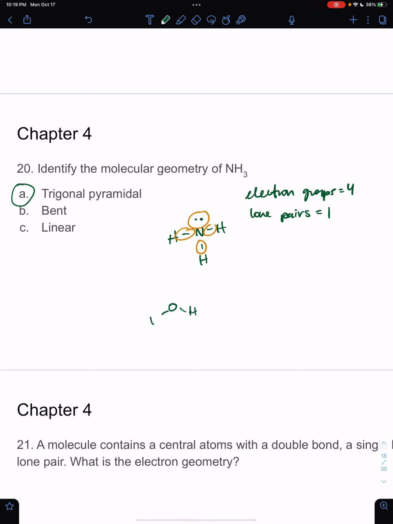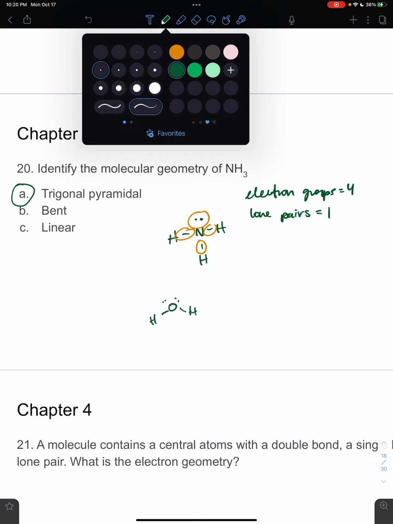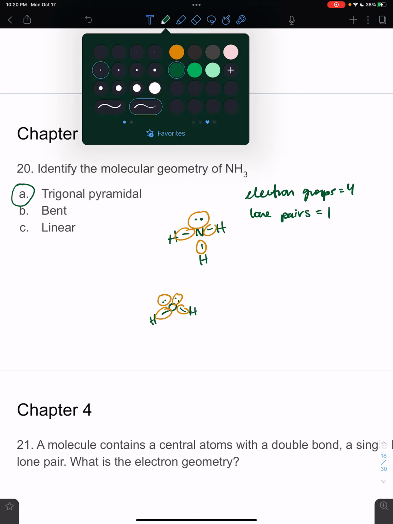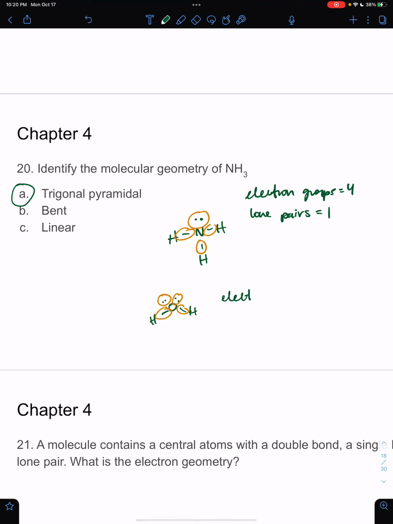If we had a different example, looks like this. This is an H2O molecule. It's got 1, 2, 3, 4 electron groups. But this one has 2 lone pairs. So it's going to be the same electron geometry. It's still going to be tetrahedral because it has 4 electron groups.